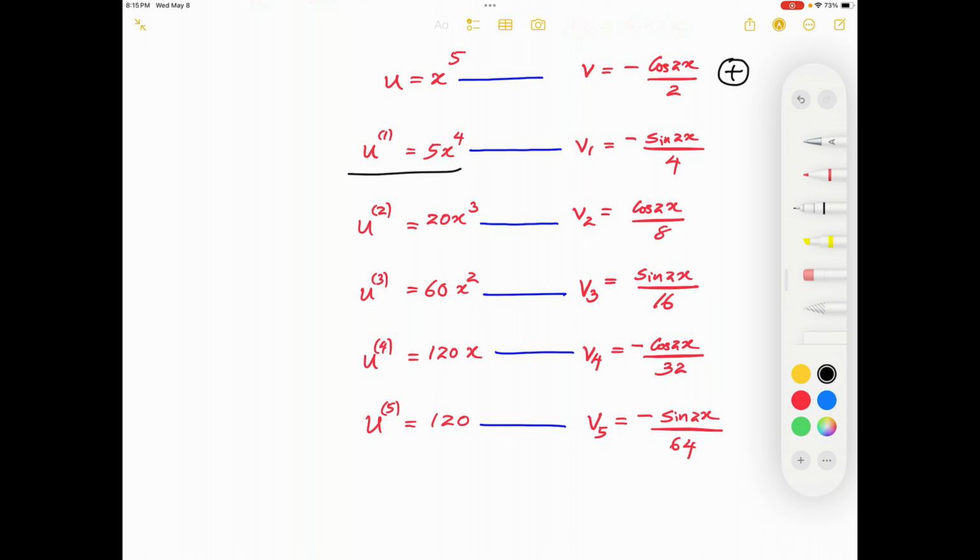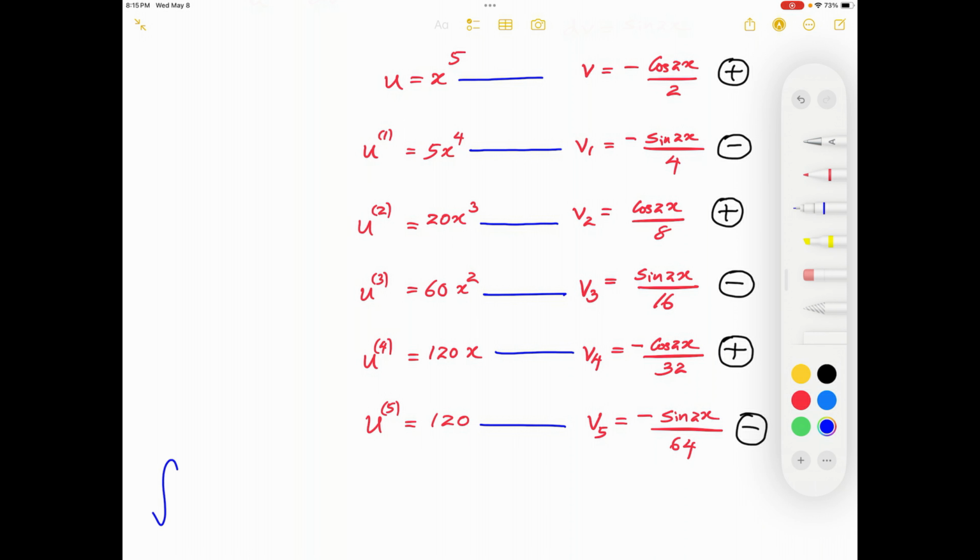For the second product, a negative sign. For the next, a plus sign. And for the next, a minus sign. For the next product, a plus sign should be distributed, and for the next product, a minus sign should be distributed.